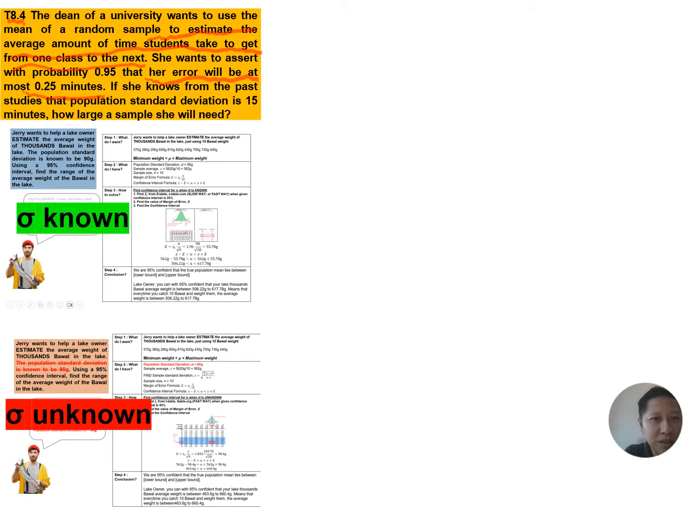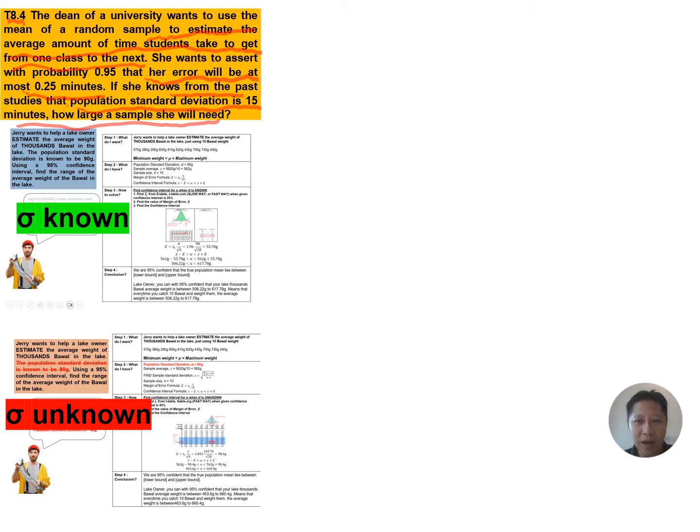If she knows from past studies that the population standard deviation is 15 minutes, we want to find the N for her to validate the study. For this problem, we roughly know that we're going to use the margin of error to find N later on.